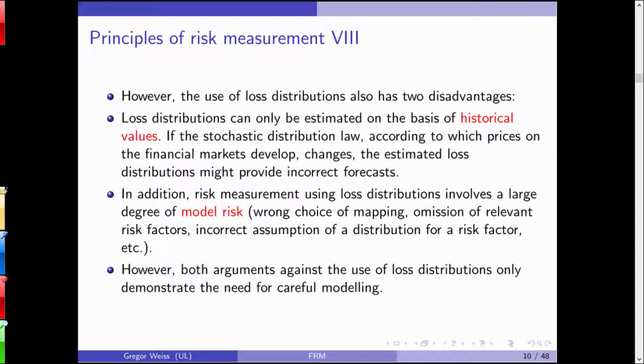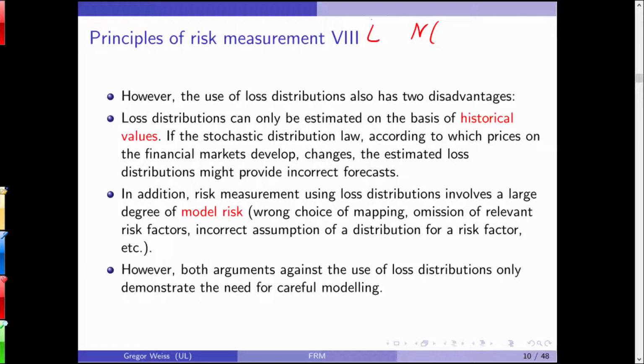There are two disadvantages, and I would assume that a better part of quantitative risk management simply deals with solving these problems. The first one is that loss distributions can only be estimated on the basis of historical values. You could, of course, also assume a distribution, but this is very risky in terms of model risk.